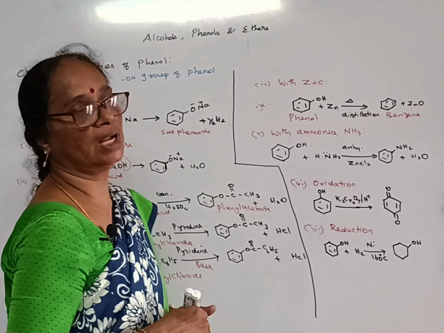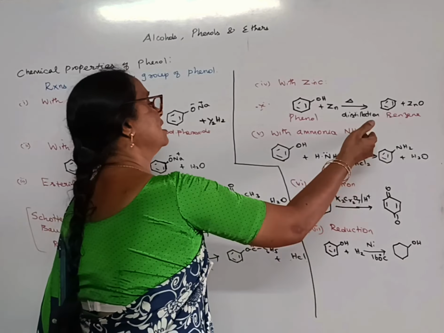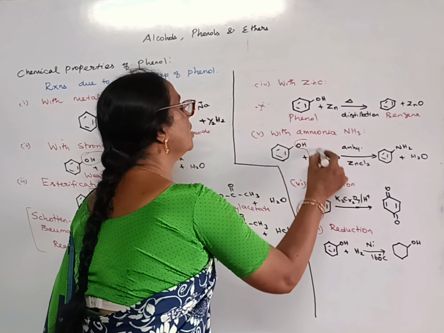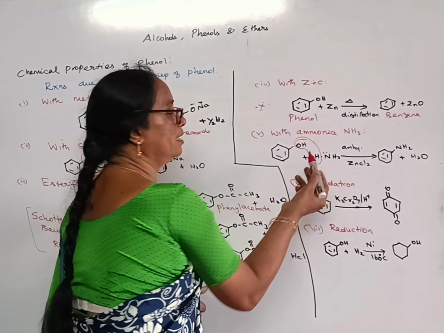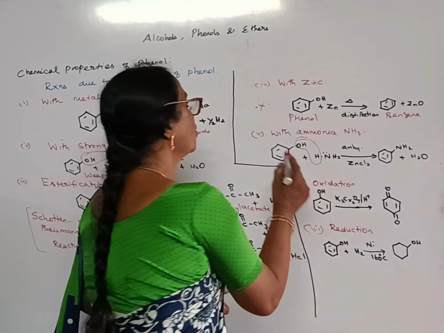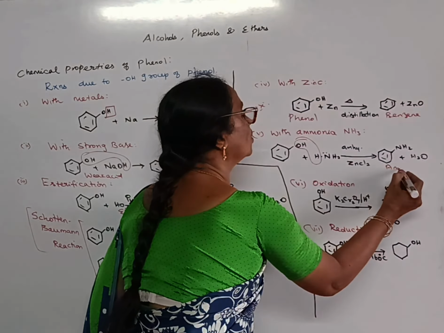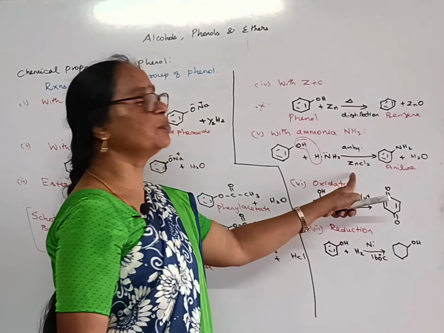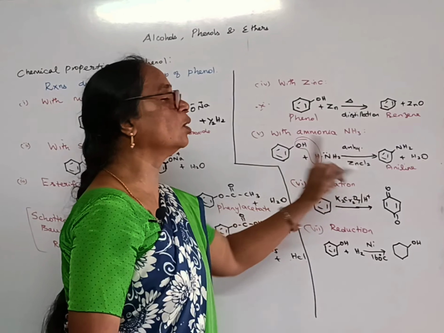Then with ammonia: in the presence of anhydrous zinc chloride, a water molecule will be removed, one of the hydrogens from ammonia with the OH, which is left as water. So phenol is converted into aniline, and the produced water will be absorbed by anhydrous zinc chloride.